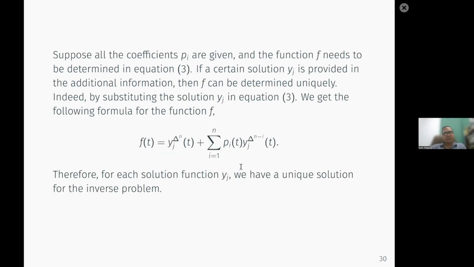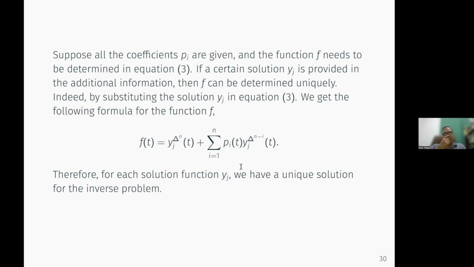Now let us assume that all the coefficients are given, and the function f needs to be determined in the equation. If a certain solution y_j is provided as additional information, then f can be determined uniquely.